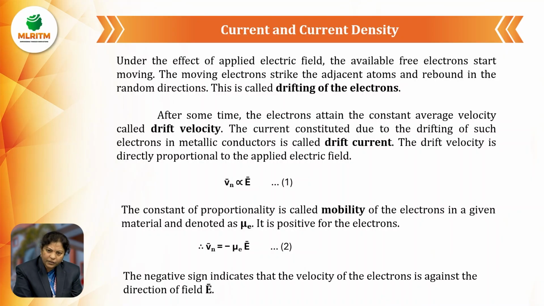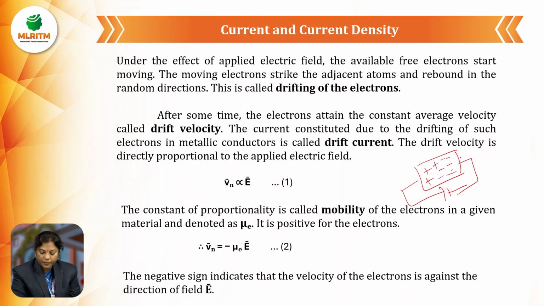Whenever, under the effect of an applied electric field, free electrons are available, here we have a conductor like this. Here we are applying an external electric field, and here we have positive and negative charges present. Whenever we apply an external voltage, these charges move opposite to each other.